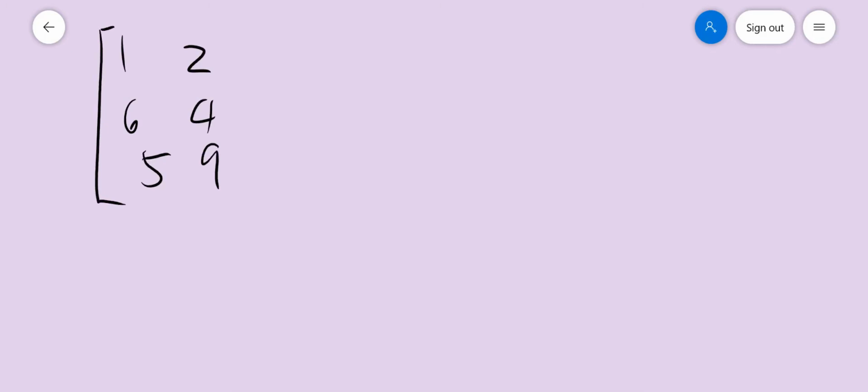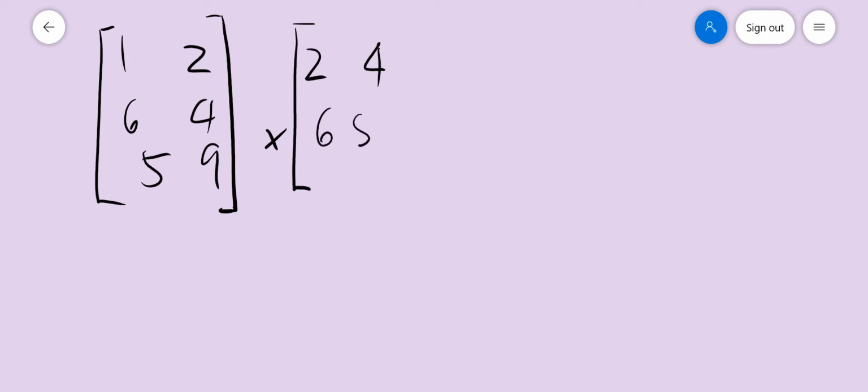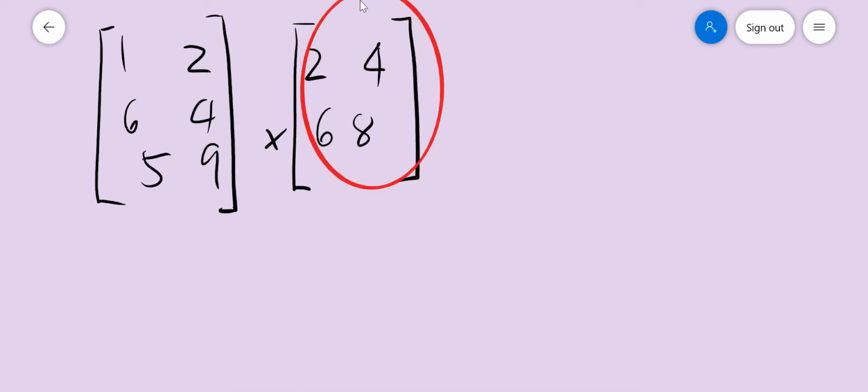If you want to find 1, 2, 6, 4, 5, 9 divided by 2, 4, 6, 8, you first find the determinant of this matrix, which is 2 times 8, 16, minus 4 times 6, 24.